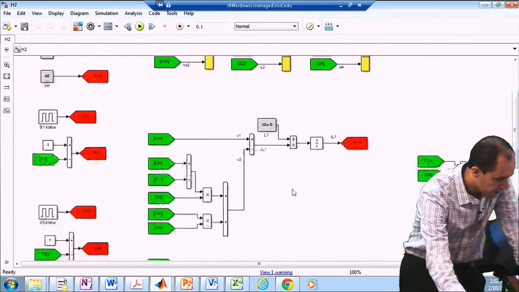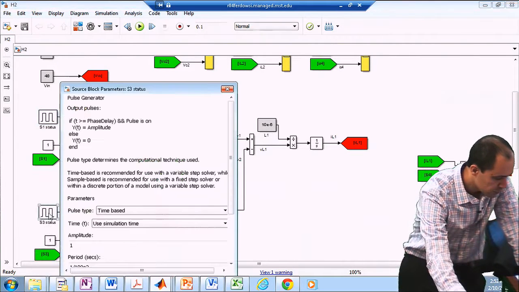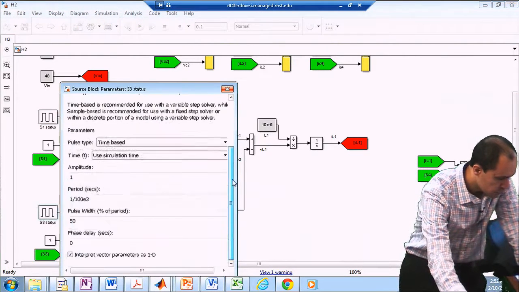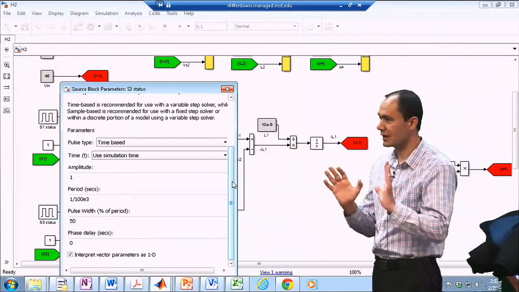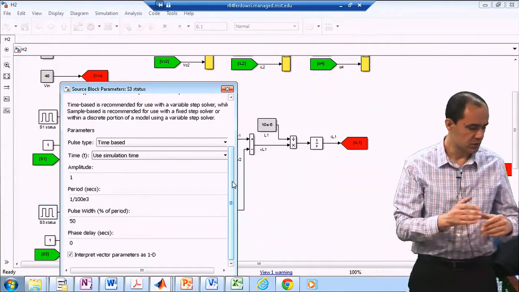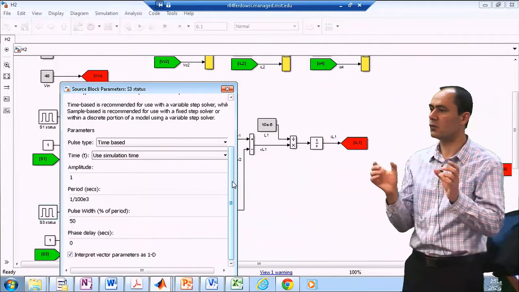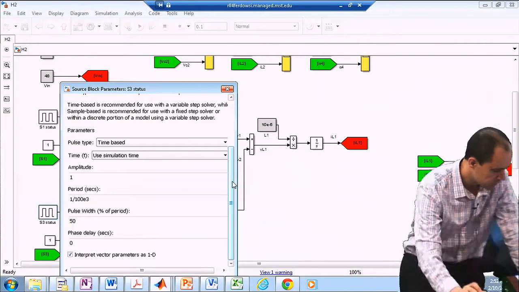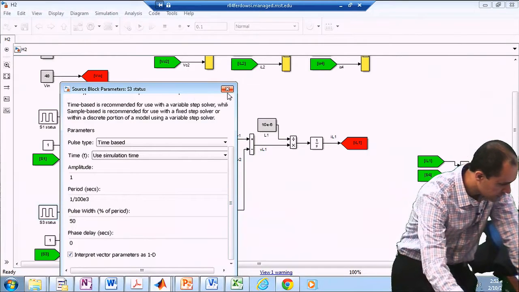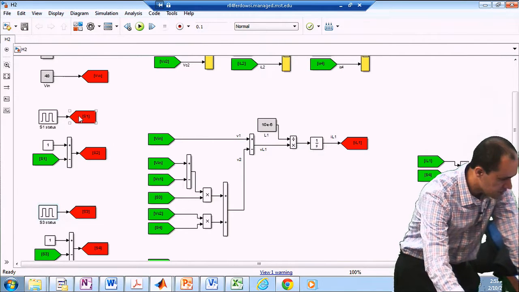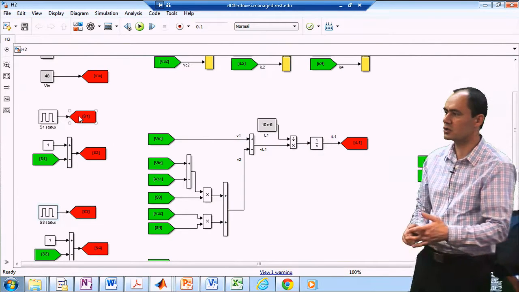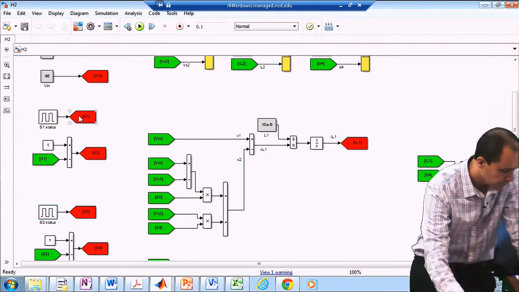And then S3 is also another active switch. Amplitude 1, switching frequency is the same, 100 kilohertz. So basically these S1 and S3 are actually exactly identical. I just defined them separately, so in case you don't want them to be identical, you can actually do it. Duty cycle is also 50%. And S4 is basically 1 minus S3. So these blocks on the left-hand side are S1, S2, S3, and S4, in case you need them.